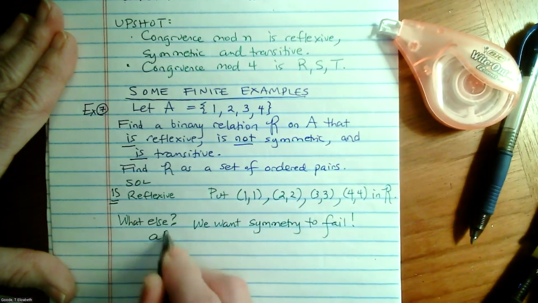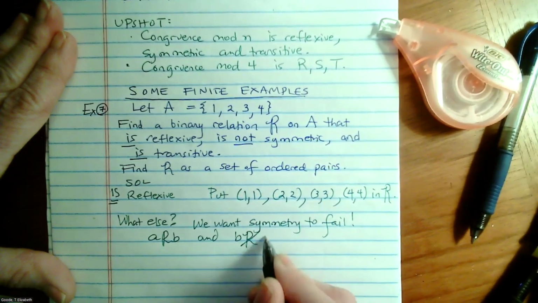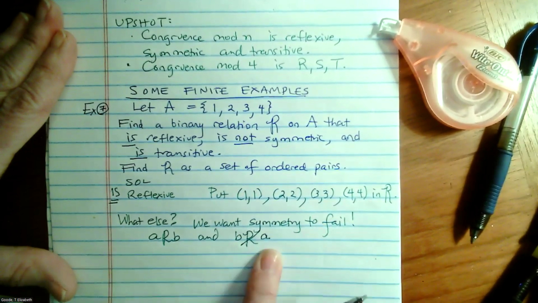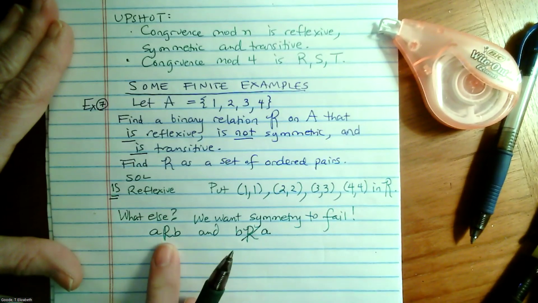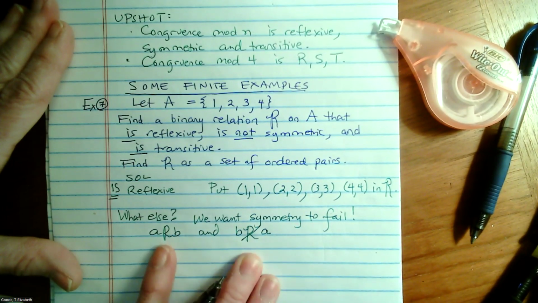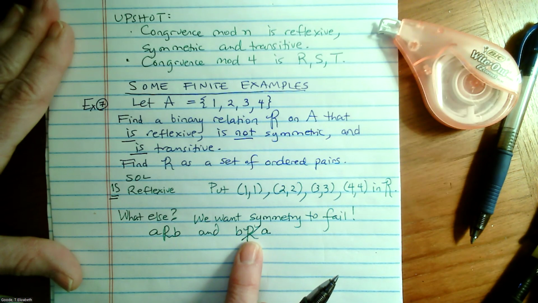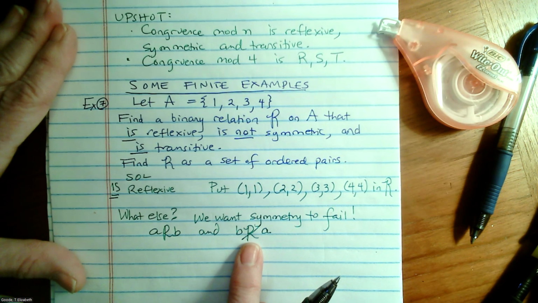We need A related to B and B not to be related to A. That's the negation of symmetry. Remember, symmetry was if A is related to B, then B had to be related to A. Well, the negation of an if-then is an and statement, where the hypothesis holds and the conclusion fails. So what could we add into our R that will make symmetry fail? There are lots of choices.